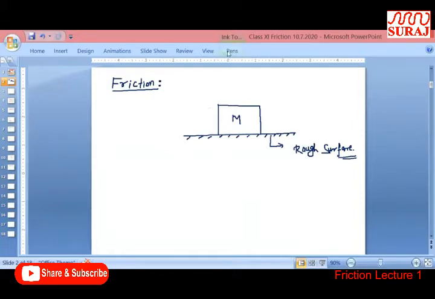Okay, so which kind of forces are right now existing on this block? mg, its weight, and a normal force because of the surfaces being in contact, because of this surface of the block being in contact with this rough surface.